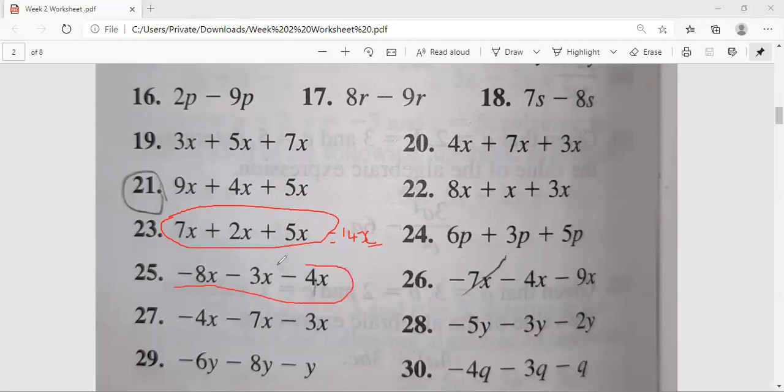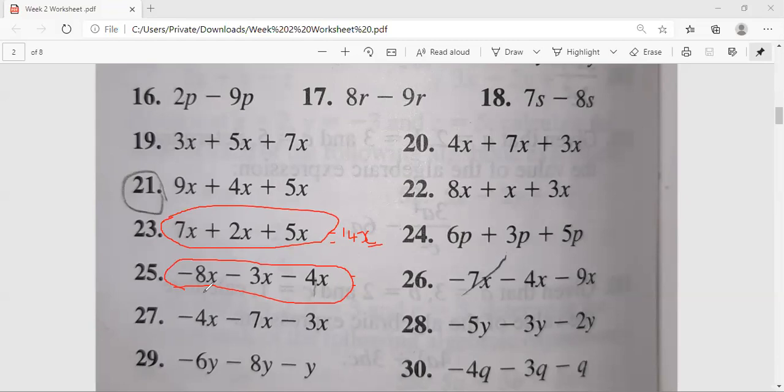What about this? You know to deal with negatives, right? Negative 8 minus 3 minus 4. We can use a calculator to do so. Negative 8 minus 3 will give us negative 11. And minus 4 will give us negative 15.